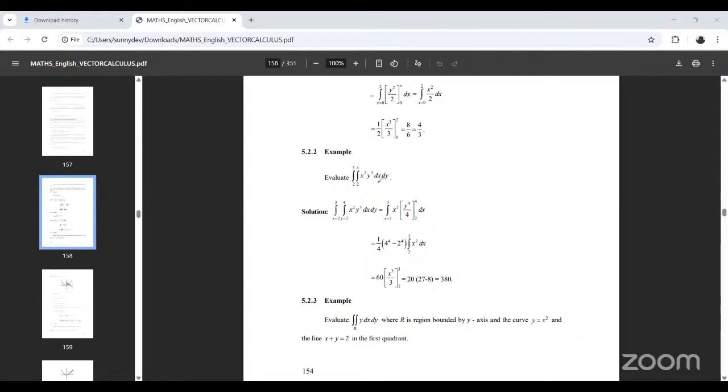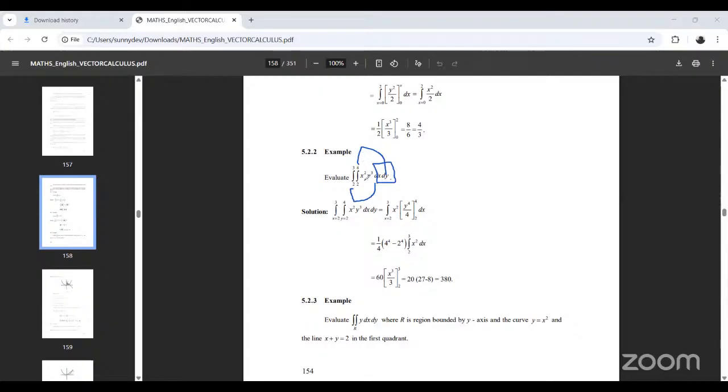First observe this term, dx dy. When you are doing dx dy, the x limits are this one and the y limits are here. Understood? So these are the x limits and these are the y limits.